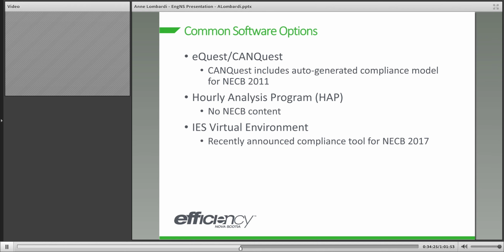They did recently announce a compliance tool for NECB 2017. I haven't used it, but it's there. It seems like it's a big deal. And those are just a few. There's other software that's available. All of them have their own pros and cons, but they all work. They're all great. That could be a whole other session just talking about the software, but certainly, they all do work.